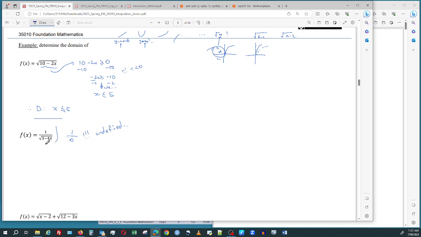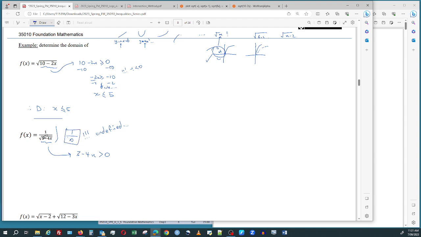So what we're going to do is take this bit here and say, listen, this time we want you to be positive only. We won't have any zeros on the denominator because we know the square root will kick up a 0. That's okay. But 1 over 0, that's no good.